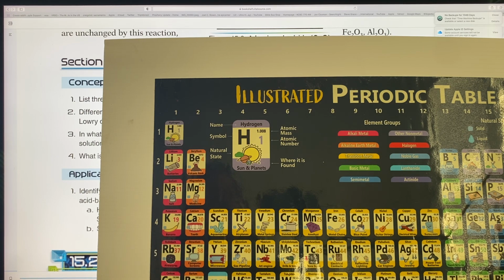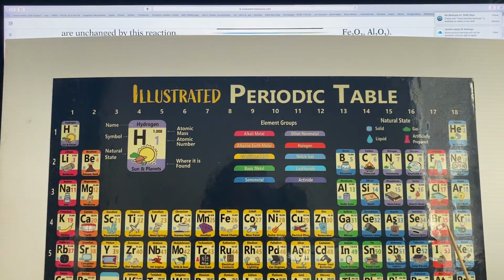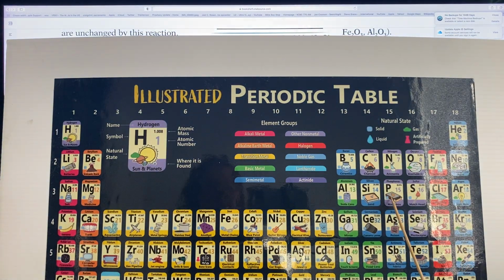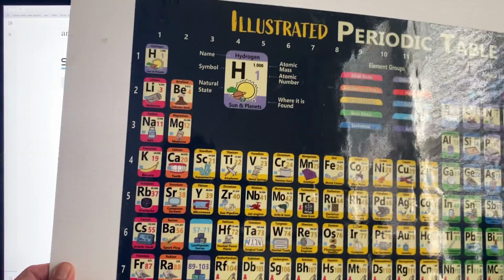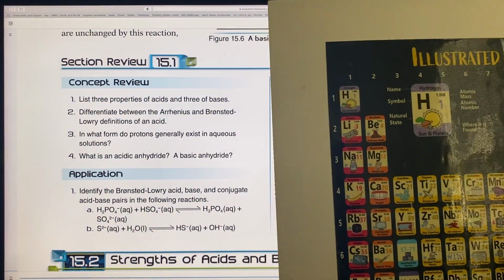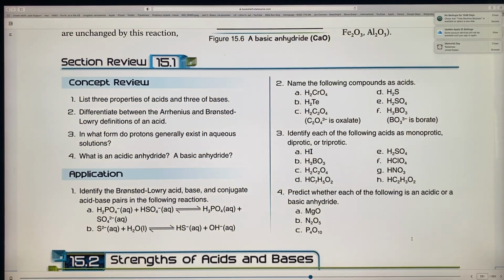And so here's oxygen and phosphorus over here. If it's over here, it's going to be acidic because it's a non-metal. So metals are going to be basic. Basically oxygen can react with both metals and non-metals. So we're going to go ahead and quit right there on this, and then we'll go into the next section.